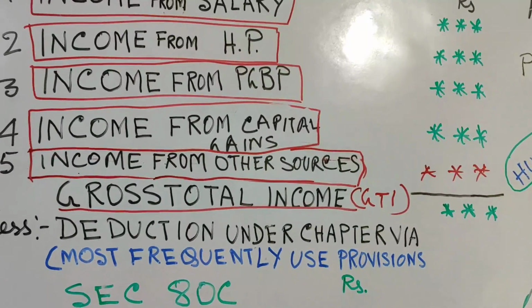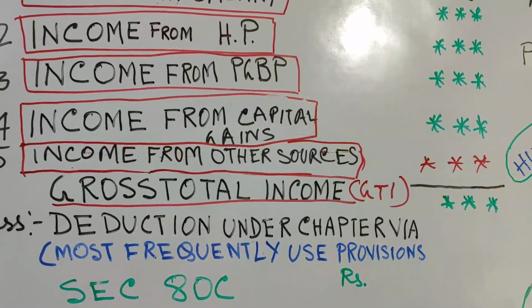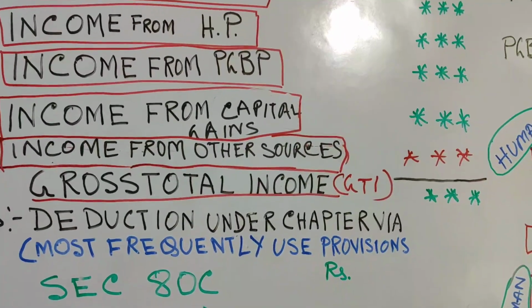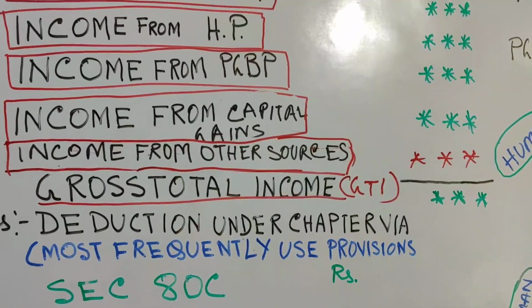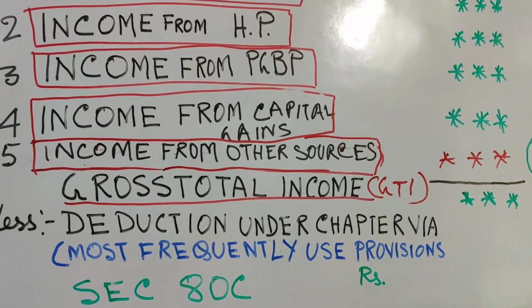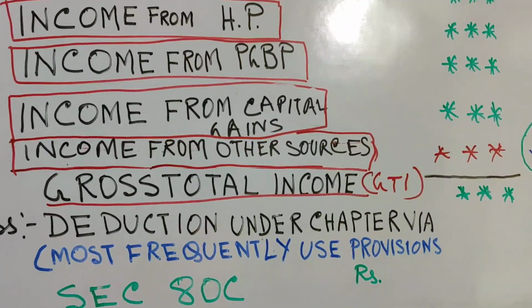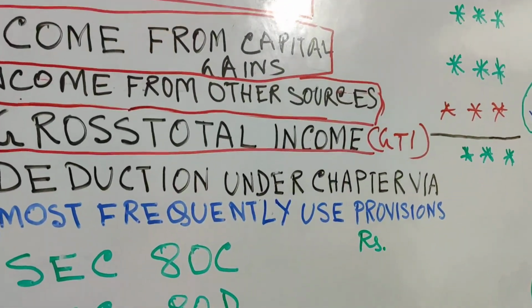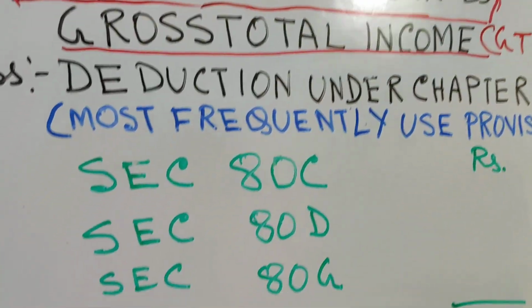So first deduction is the 80C. In 80C, you are entitled to get the deductions up to 1,50,000. Now, what are the investments eligible for 80C? Let's see. What are the investments eligible for 80C?